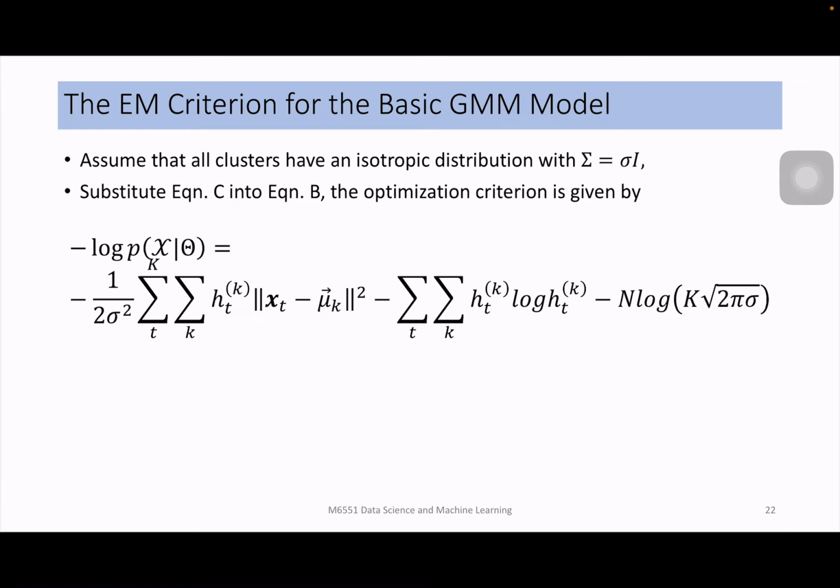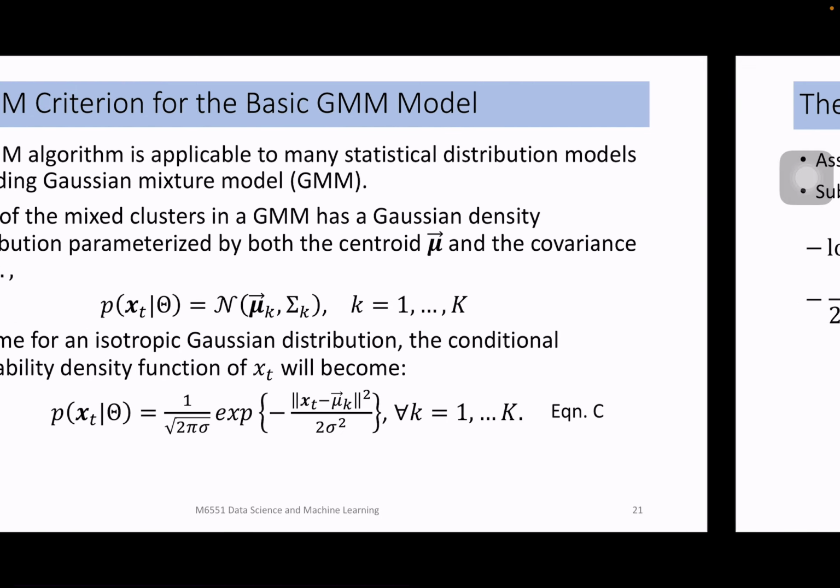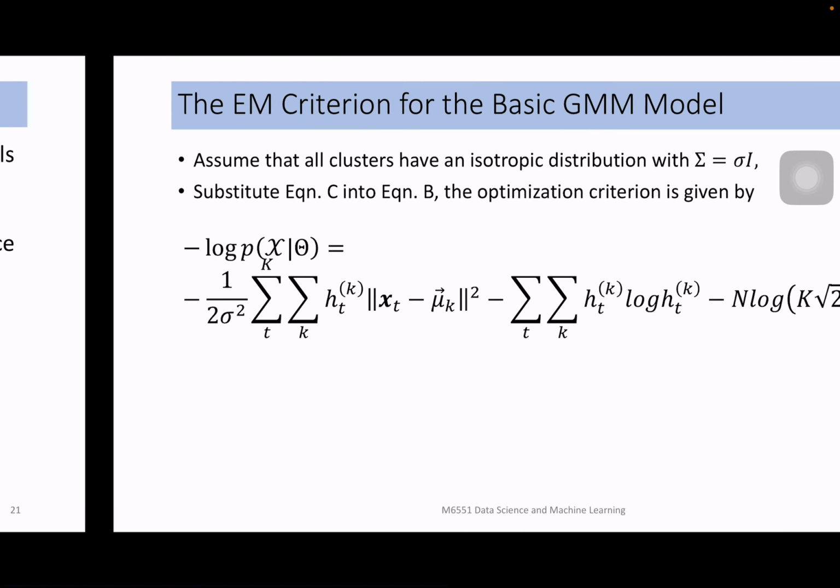So for the basic GMM model, assuming that all clusters have an isotropic distribution, substituting equation C into equation B, the optimized criteria is given by minus log P of x given theta equals minus 1 over 2 sigma squared times the sum. That is the criteria of a basic Gaussian model. GMM stands for Gaussian mixture model.